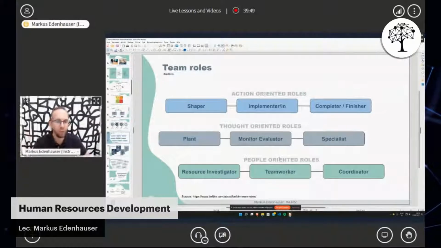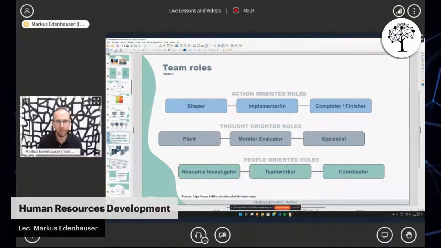And when we have too many thought-orientated roles, nobody will go to action, because they think about regulations, about whether this design is okay. And also people-orientated roles: you need someone who is more the team worker, who flattens the curve when it comes to arguing, etc.